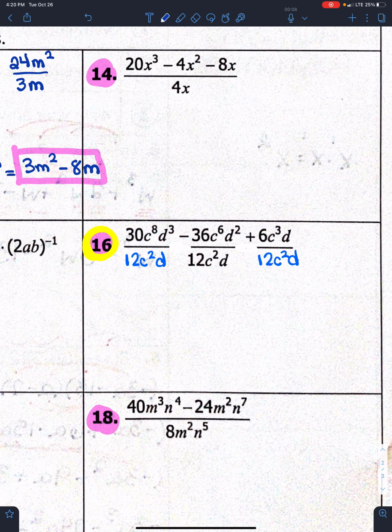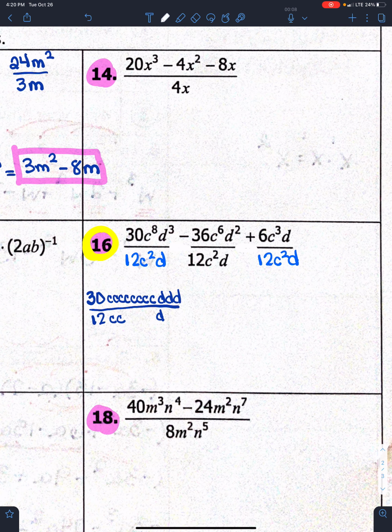This first one is 30 c to the 8th power. That means there's 8 c's: 1, 2, 3, 4, 5, 6, 7, 8, and 3 d's: 1, 2, 3. All over 12, and there's 2 c's and 1 d.